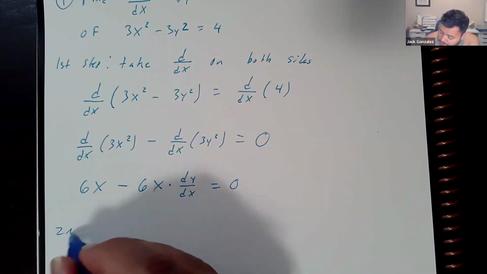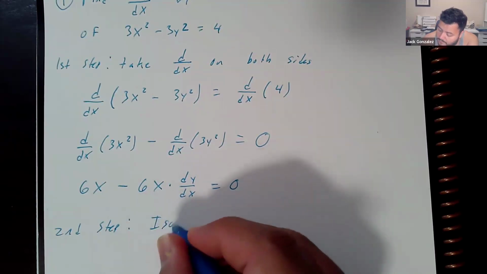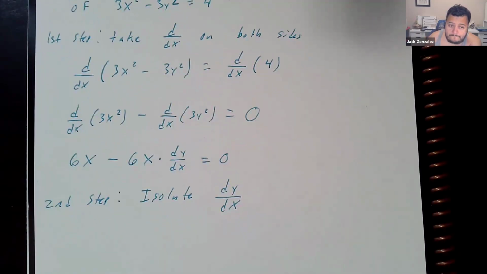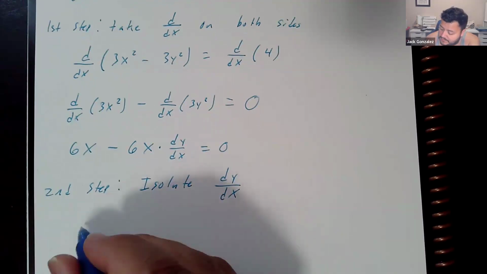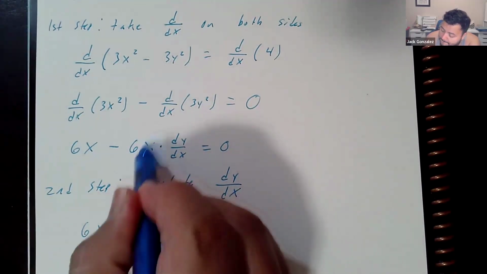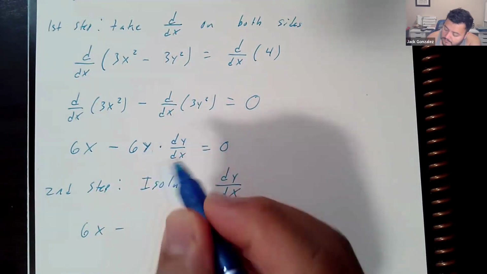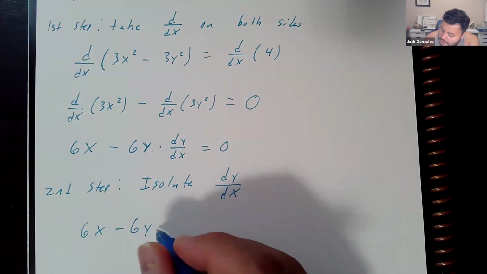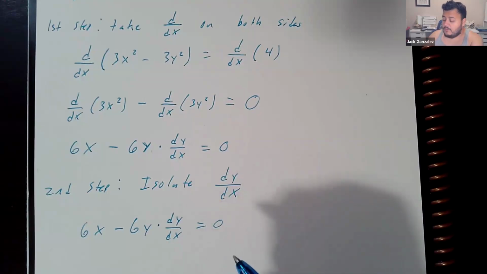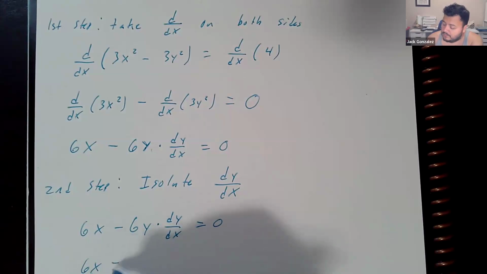So second step, isolate dy dx, because that's what they want. So first step, that should be a y, my bad. I'm going to move over this guy just because it makes me happy.